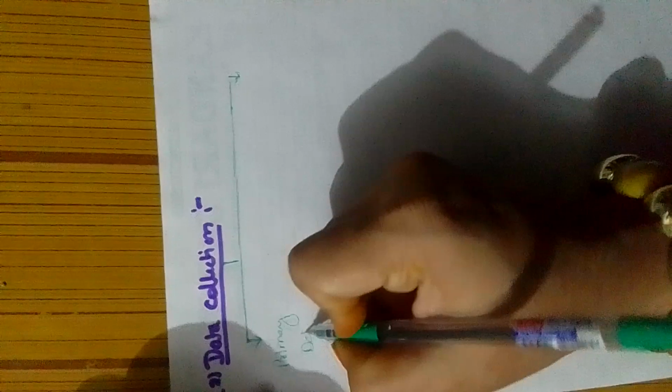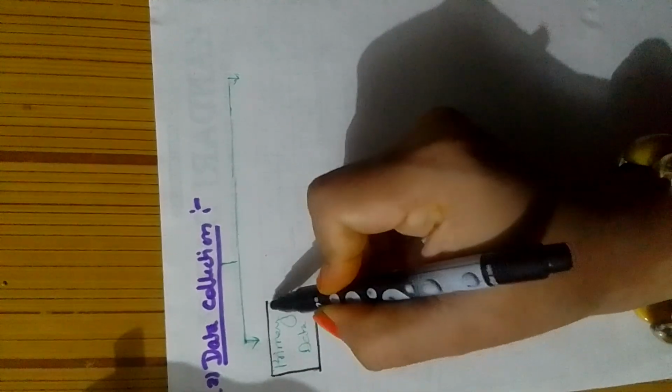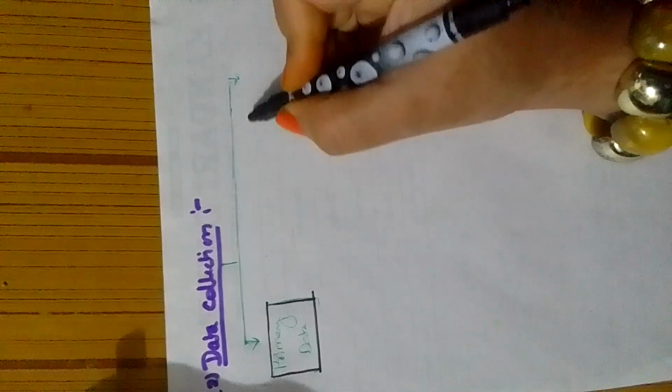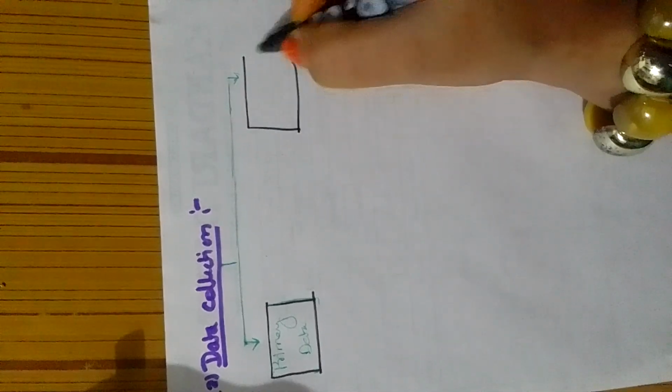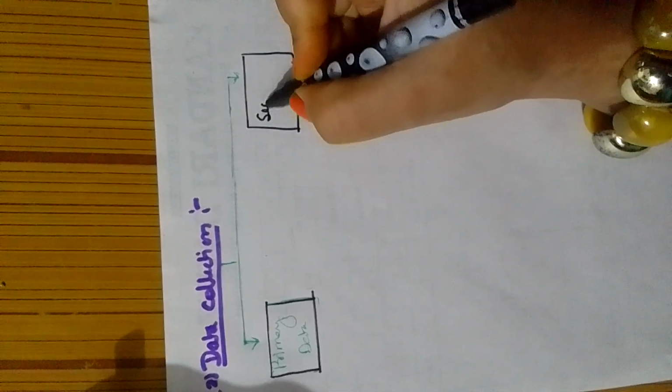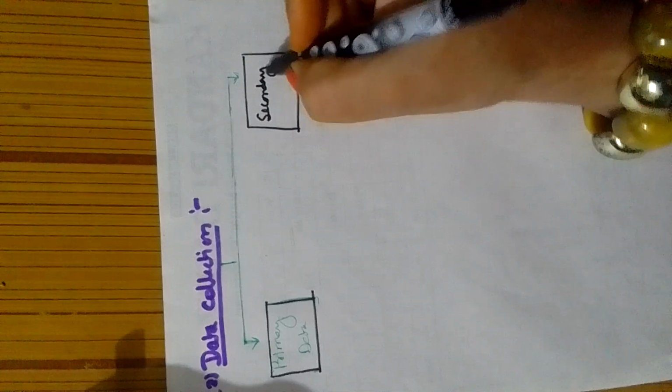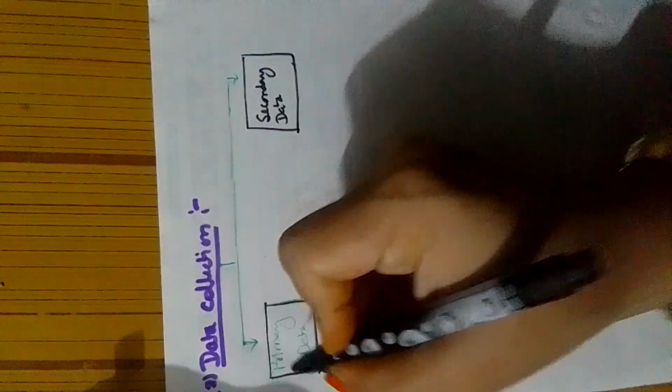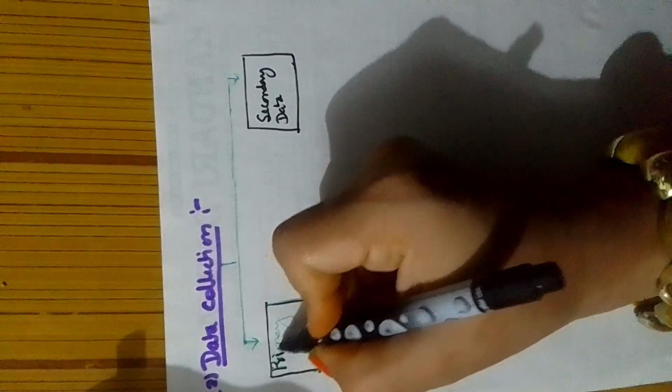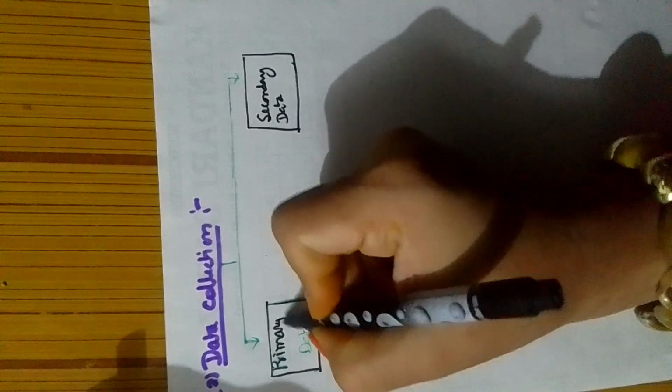Number one is primary data, and number two is secondary data.